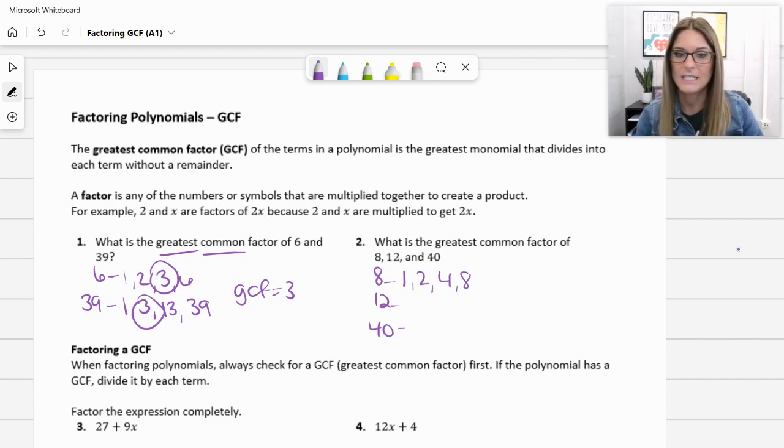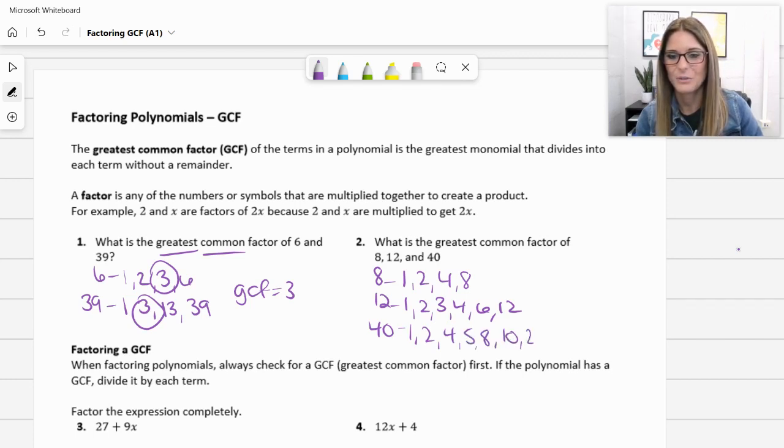All divide evenly into 8. 12: 1, 2, 3, 4, 6, and 12. 40 is a little bit more, right? 1, 2, 4, 5, 8, 10, 20, and 40. I think we got them all. All right, so what is the largest one that they have in common? Notice they have 2s in common. We're looking for the GCF. We want the greatest that they have in common. So 4. The GCF of 8, 12, and 40 would be 4.